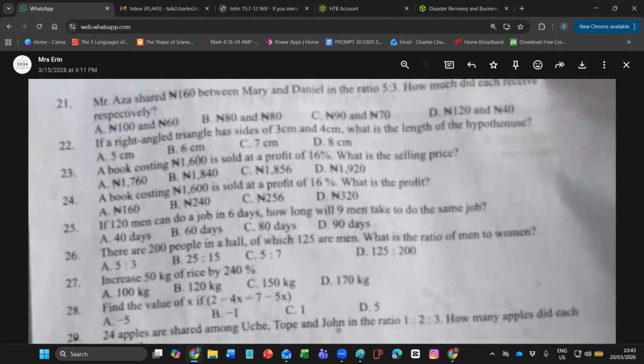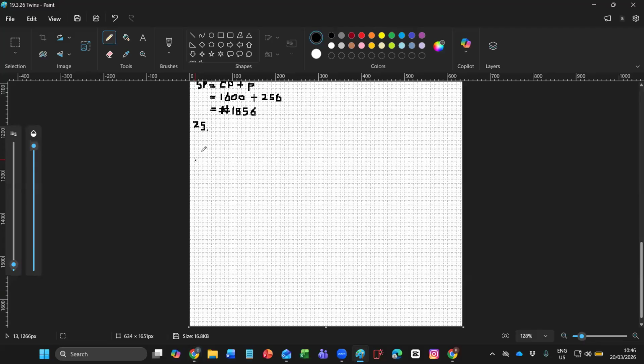All right, good. So now let us solve it now that we know. We're simply going to write 120, and then we'll put 6 days by the side. And then we'll now put 9. And then we will now have what?